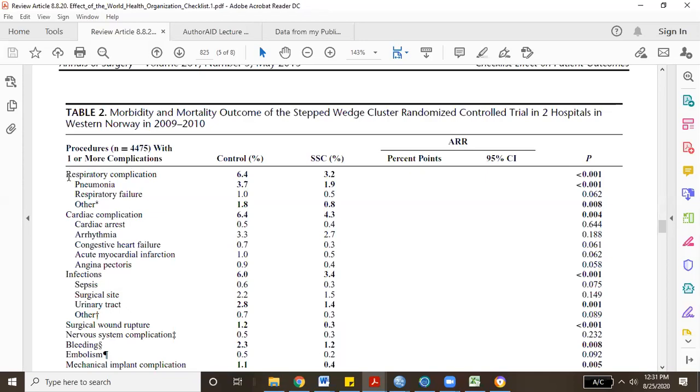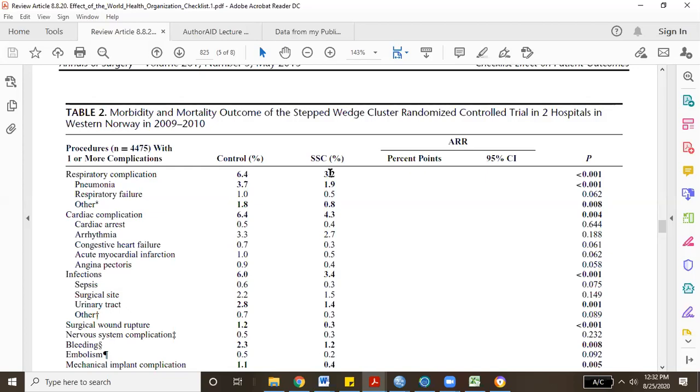So they wanted to see in respiratory complication, which group has more respiratory complication? Is it the control group or the treatment group? As you can see here, 6.4 is higher than 3.2 in terms of the proportion.